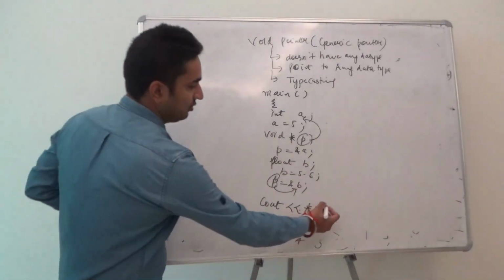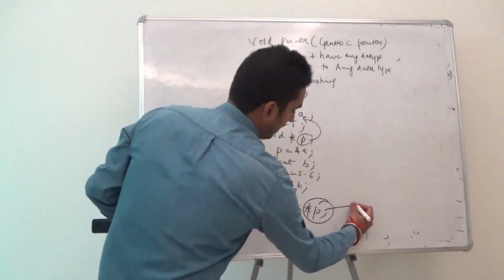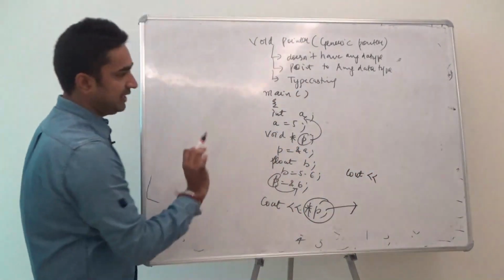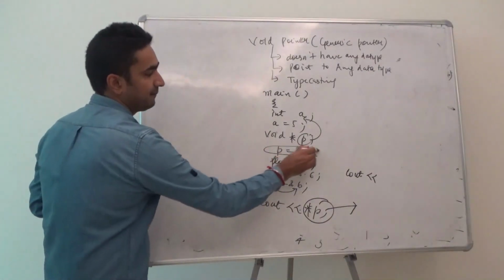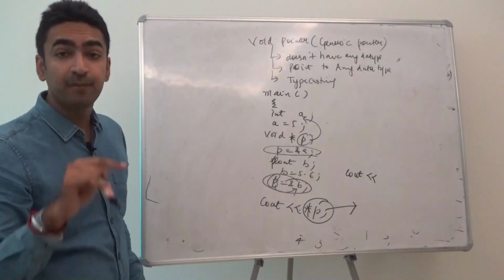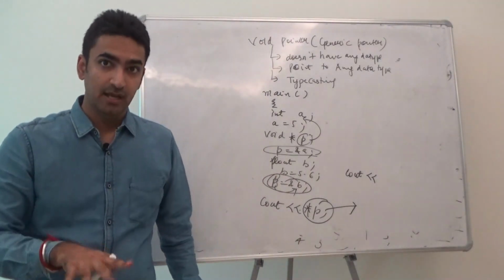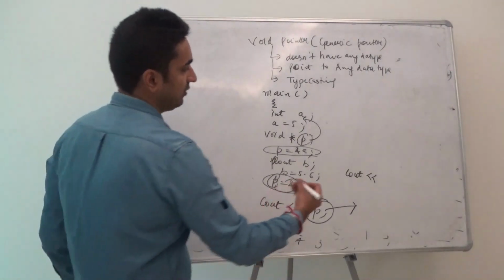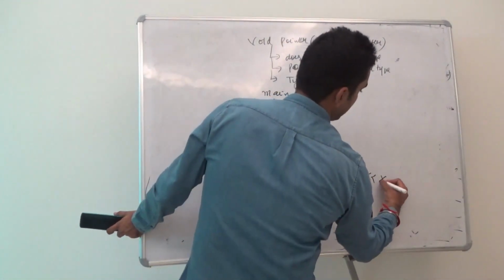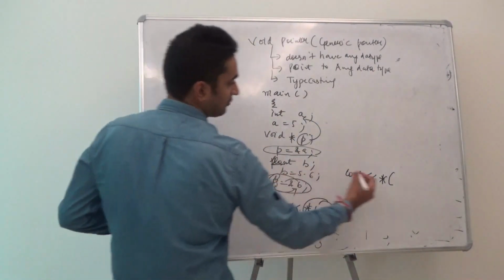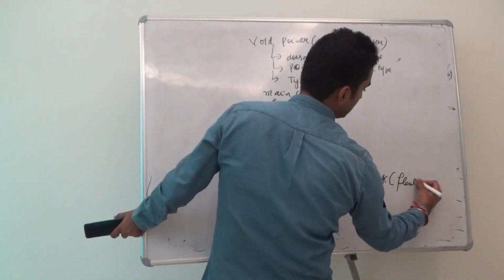To access the value using p, we have to use the concept of typecasting. Now firstly p was pointing to a, right? Now p is pointing to b. It means clearly p is right now pointing to b. I want to access the value of b using p. What I will do, I will just write asterisk sign, then the data type of b was float, and star.